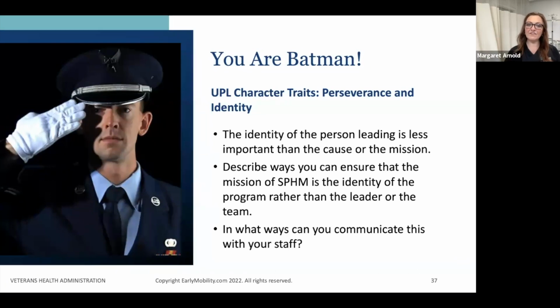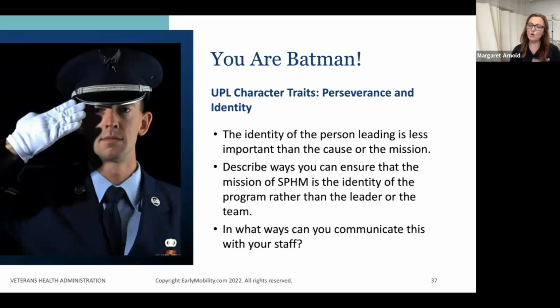Remember that the identity of the person leading is less important than the cause or the mission. The cause and the mission are to keep everybody safe. And I think it was Abraham Lincoln that said, there is no limit to how much we can achieve if we don't mind who gets the credit.